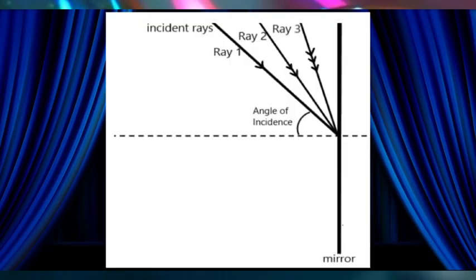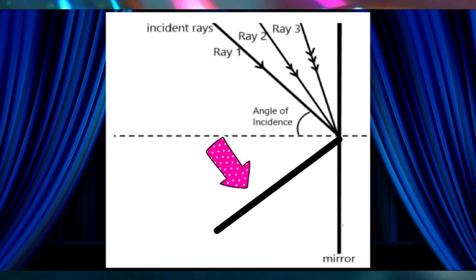Number 1. Put the mirror on the line labeled mirror in the diagram. You can stick a piece of clay on the base of the mirror so it could stand on its own. Number 2. Shine the laser pointer along the path of the arrowed line labeled incident rays. Number 3. Use your ruler to draw the path of the reflected ray and label it.